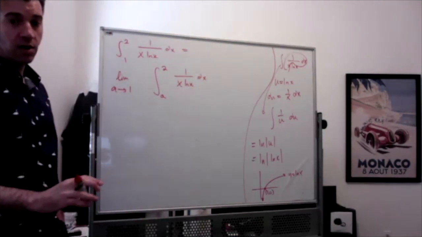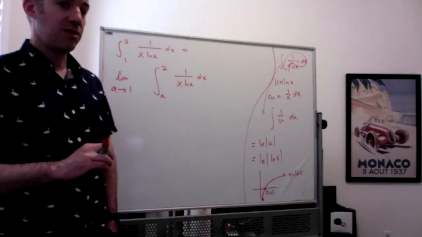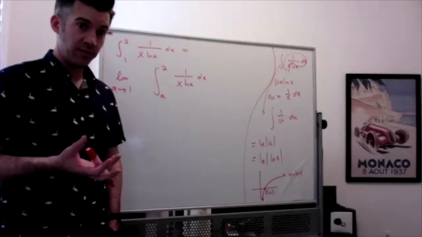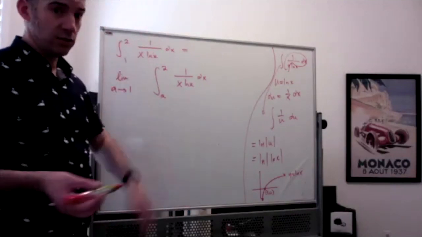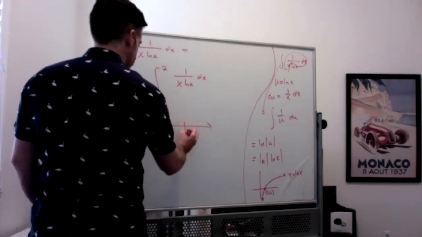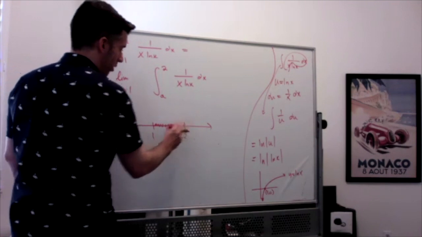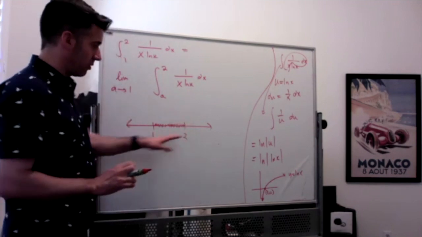Now, when it's not an infinity that you're replacing with an a or a b, there is an extra thing we like to consider. Our interval is from 1 to 2. So we are in here, only between 1 and 2. We're not out here.